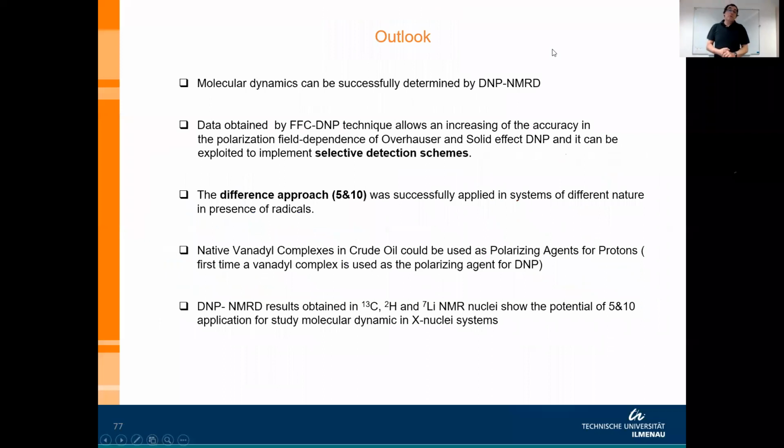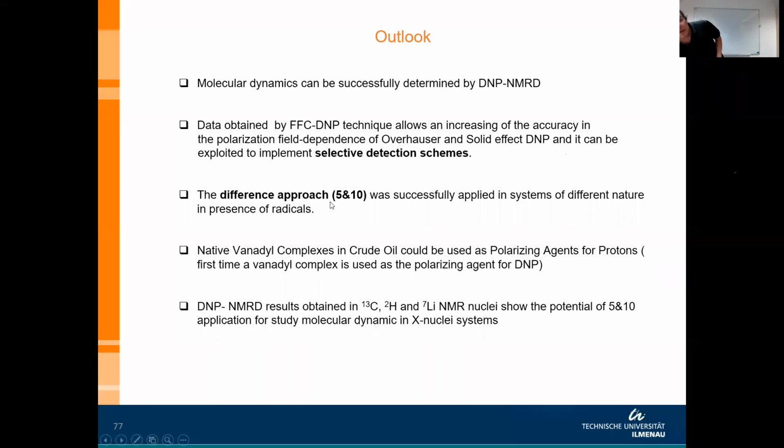And then, as an outlook, we can say that DNP helps in the determination of the molecular dynamics of systems of interest, combined with radicals. Basically, you can perform selective detection schemes, either selecting the Overhauser or the solid effect, or also performing selection by the relaxation, for example.